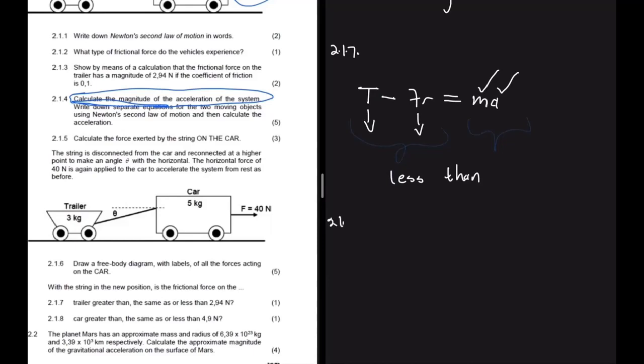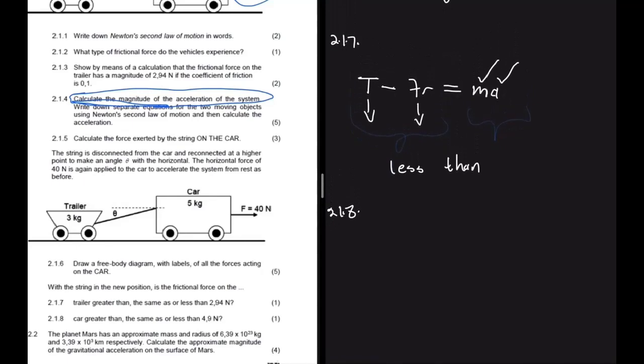And then 2.1.8 is saying what will happen to the frictional force on the car. So again, let's go back to the equation. For the car, we have the force minus the friction minus the tension equals MA. The force is the same, right? So we can forget about the force.